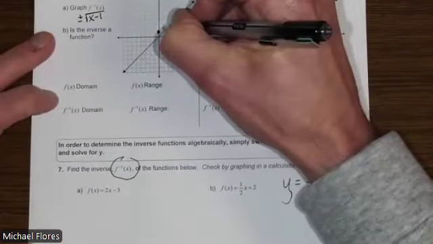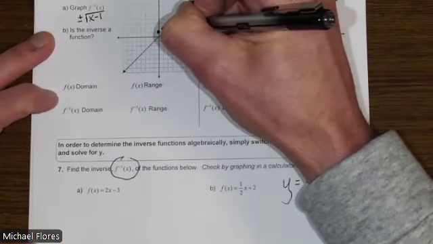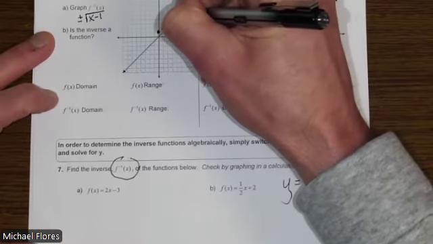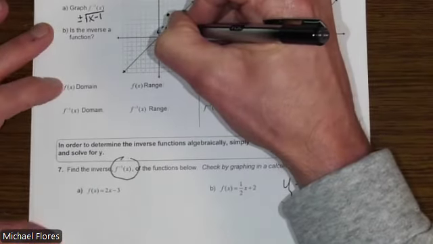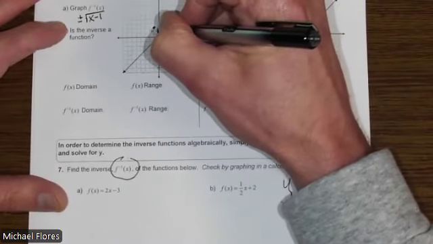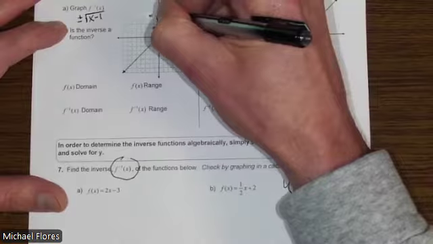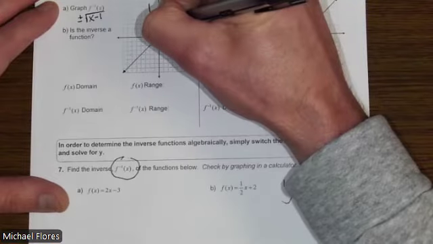We can go right one, up one. Then right two, up four. From the vertex, go right one, up one. Go back to the vertex, go right two, up four. Now back to the vertex, I'm going to do the same thing on the opposite side. Left one, up one. Left two, up four. And then I would connect.